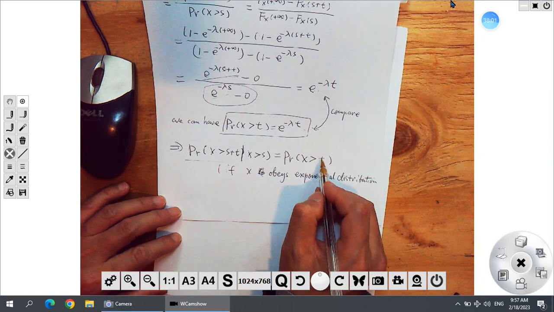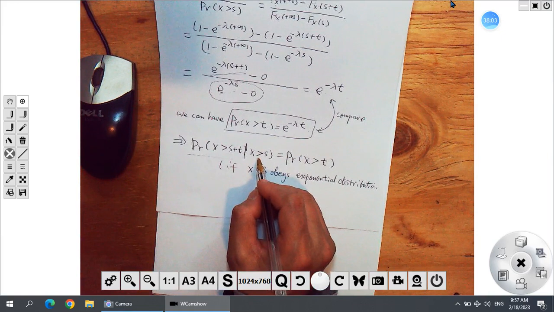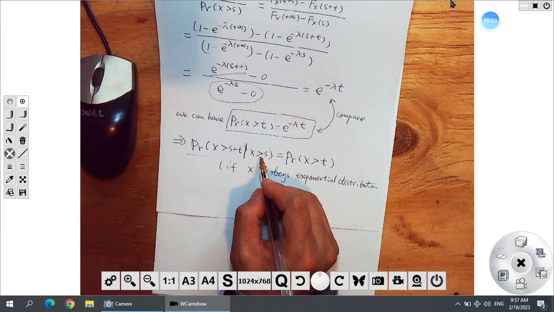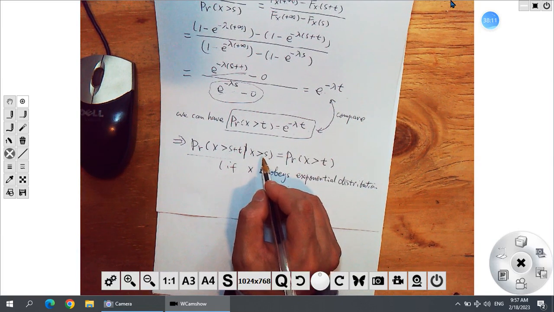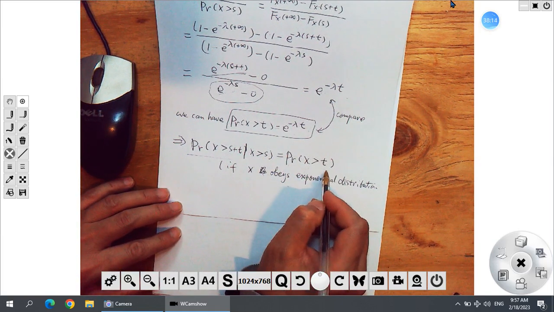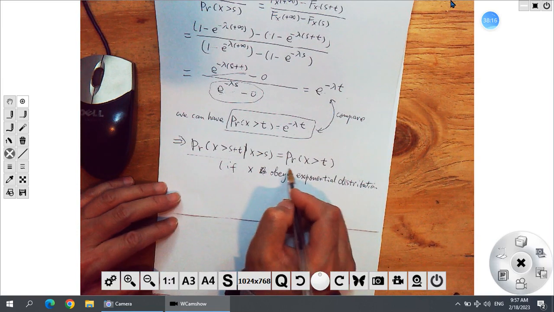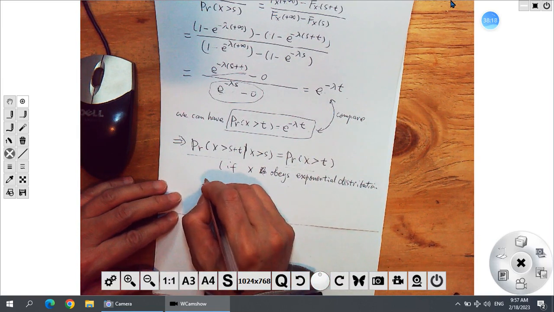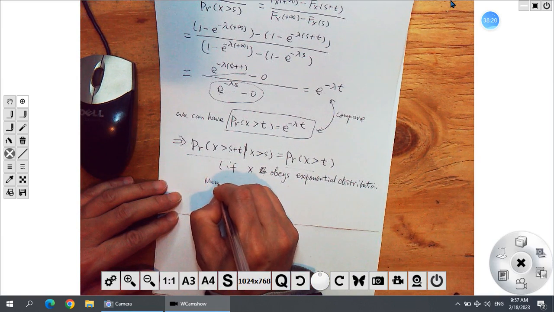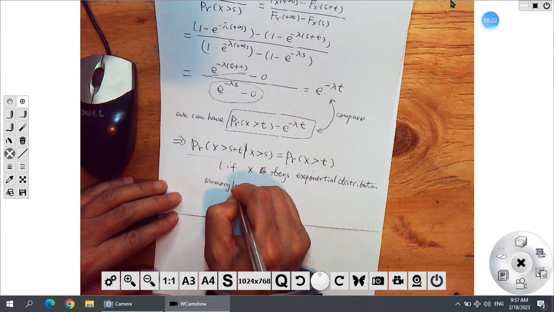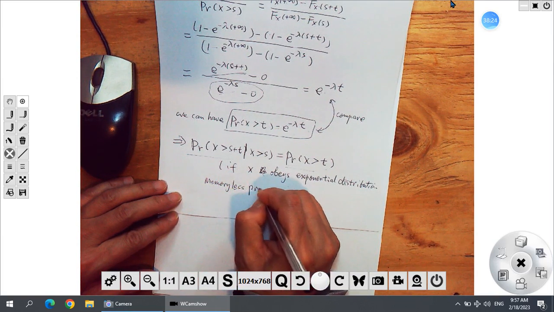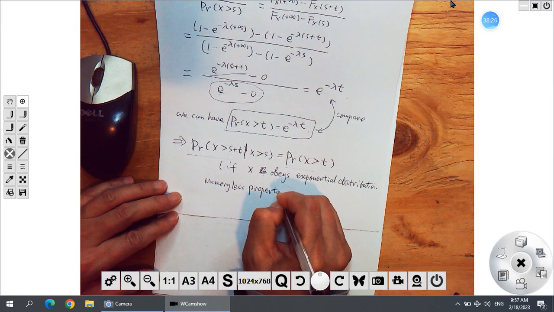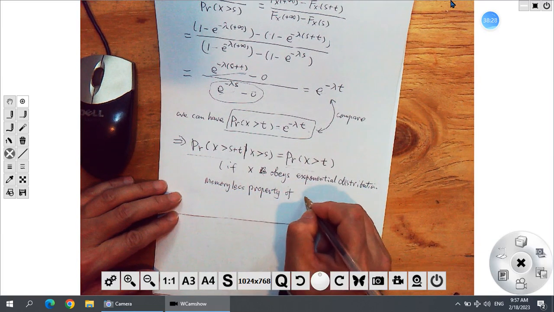If you think of this s and t as times, the previous result does not change the later result, right? The probability. So we call this the memoryless property of this exponential distribution.